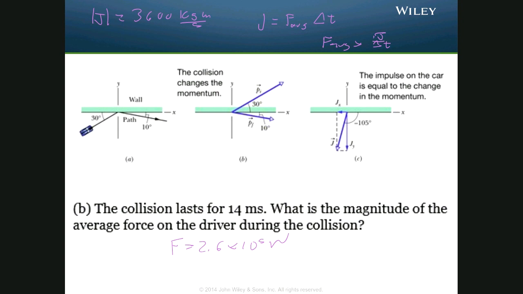Now, if you can increase the collision time here by even a factor of 10, remember T here is equal to 0.014 seconds, that's 14 milliseconds. So if you can even increase this by 10 times, you'll get down to 2.6 times 10 to the 4th. You lose 90%.